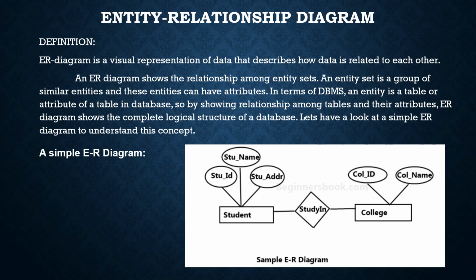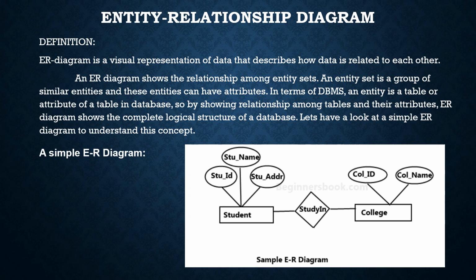See, there are two entities, student and college, and the student entity has three attributes: student ID, student name, student address. Here we can also treat student name as an entity, which may consist of three attributes: first name, middle name, and last name. Here student is an entity, so an entity can be represented using a rectangle.